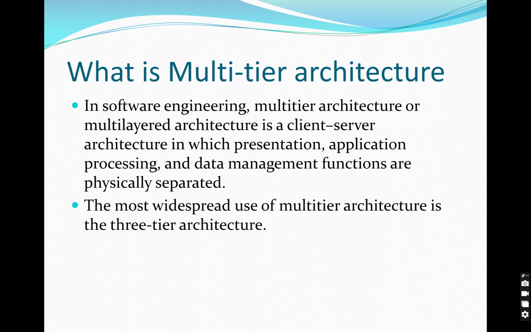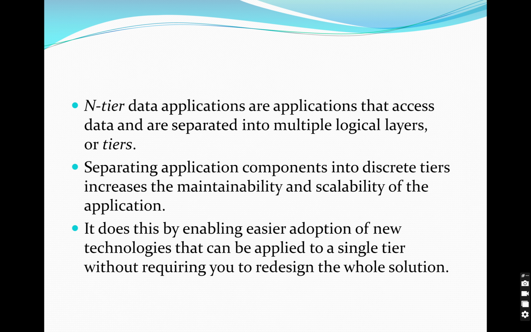In software engineering, multi-tier architecture or multi-layered architecture is a client-server architecture in which presentation, application processing, and data management functions are physically separated. The most widespread example of multi-tier architecture is three-tier architecture.